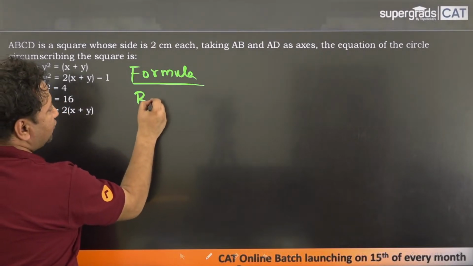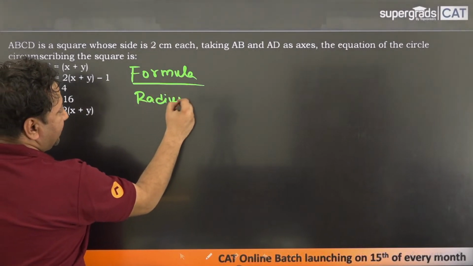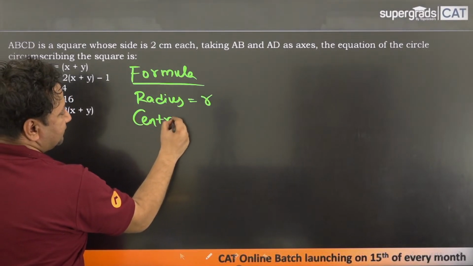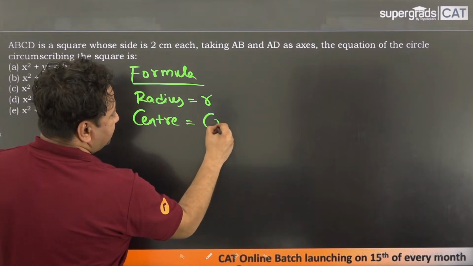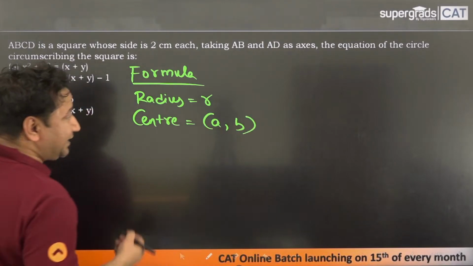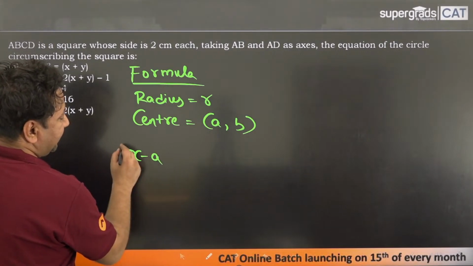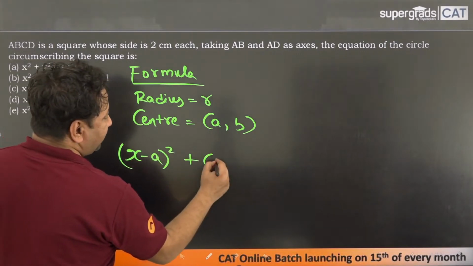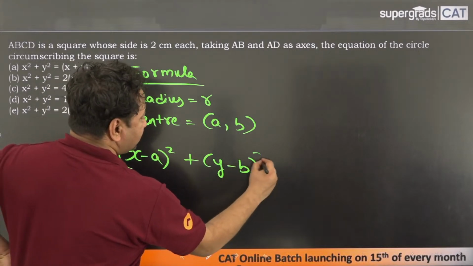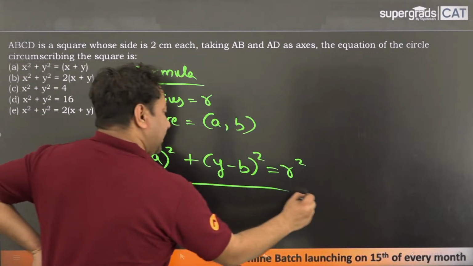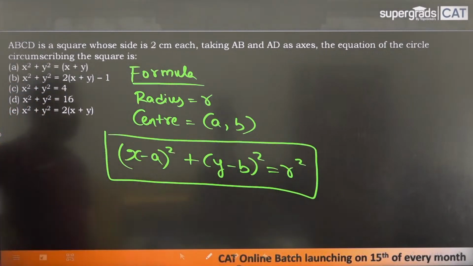If I assume radius to be equal to r and center to be equal to a comma b, then the equation of circle will be x minus a whole square plus y minus b whole square will be equal to r square. I hope all of you know this equation. If you do not know, no problem, it's in front of you. Do you know this?